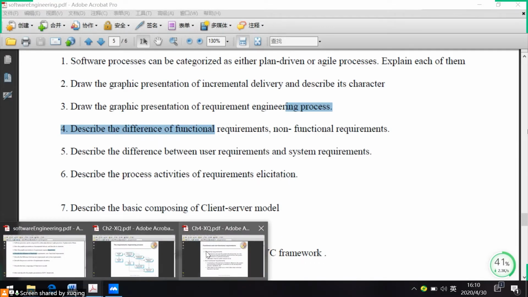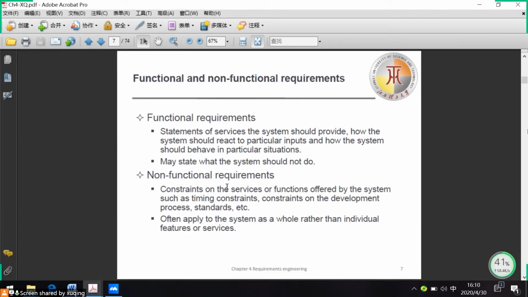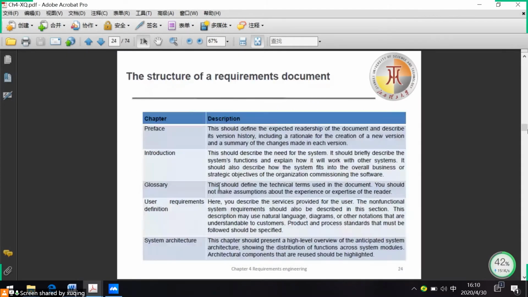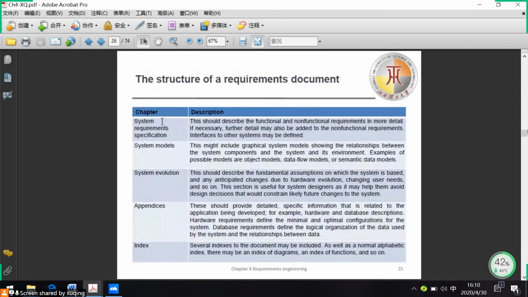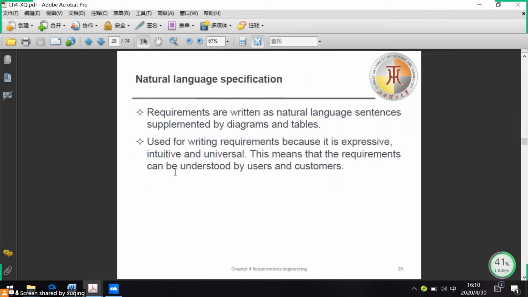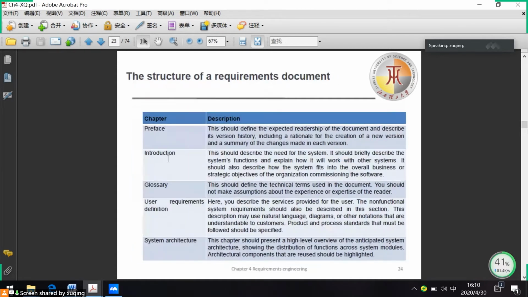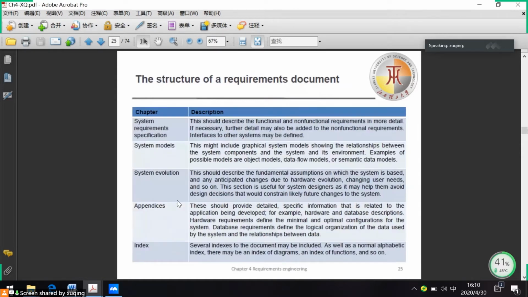As we said, it's also in the 4th chapter. Normally, it's somewhere near. Here you see we have talked about the system requirements.